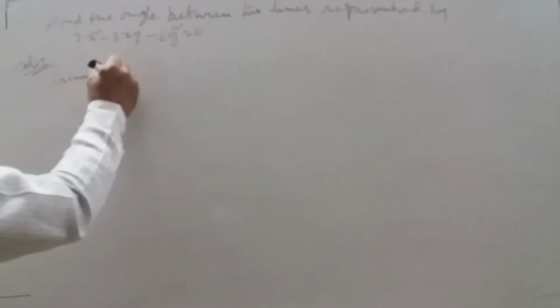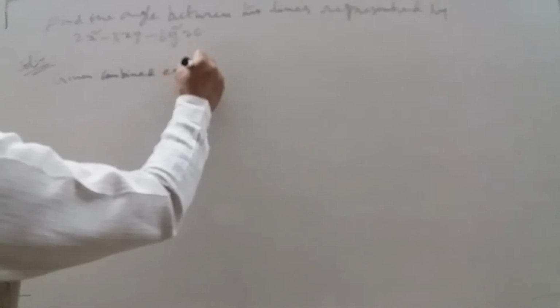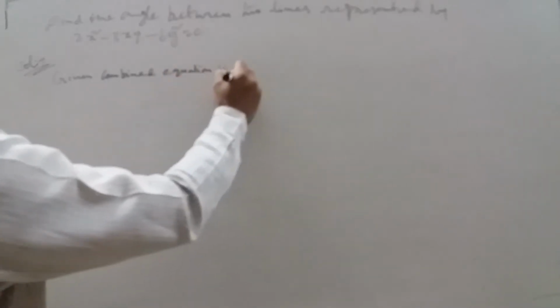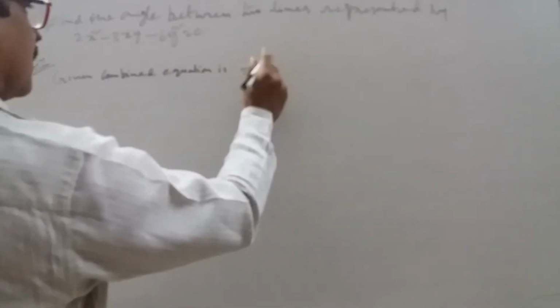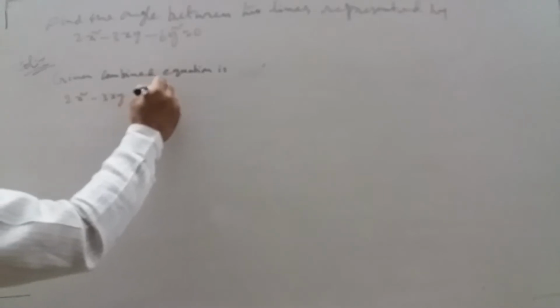Given combined equation is 2x square minus 3xy minus 6y square is equal to 0.